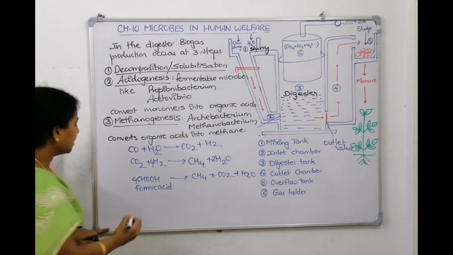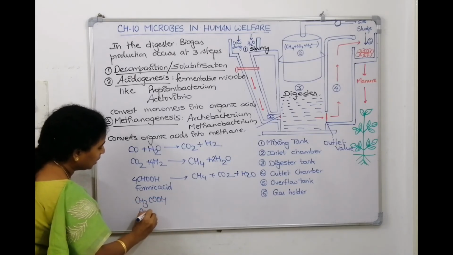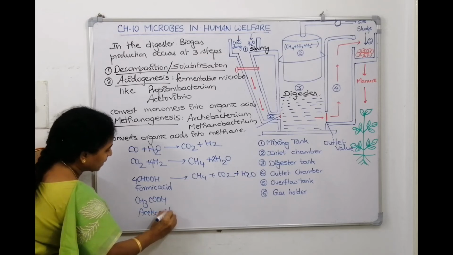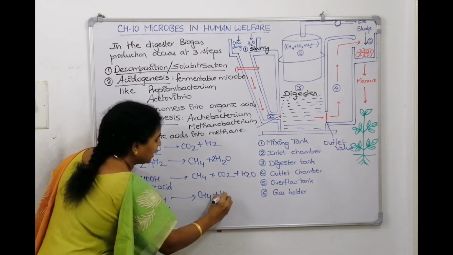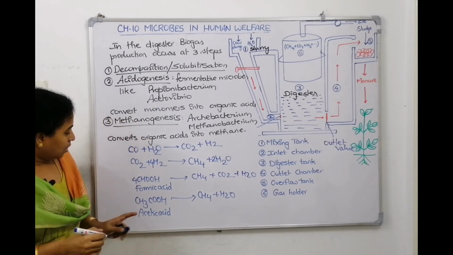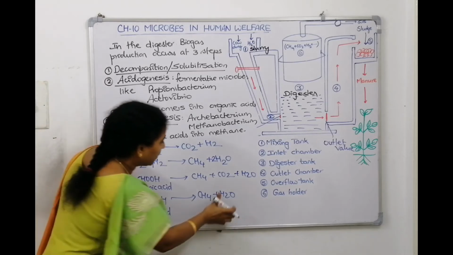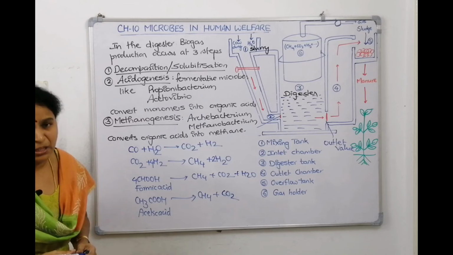In the same manner, acetic acid, CH3COOH, we can write, right? This is called acetic acid. Even acetic acid is also converted into methane and carbon dioxide, CO2. These are the steps which happen in methanogenesis.